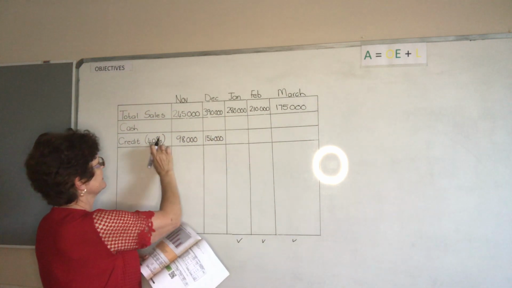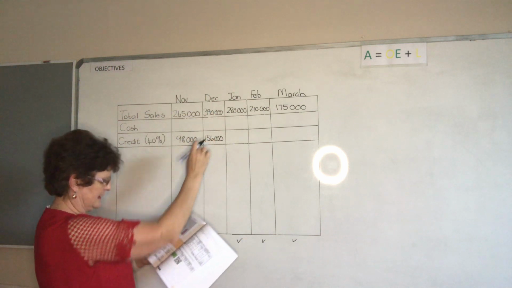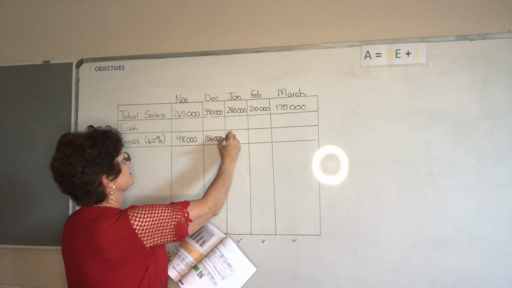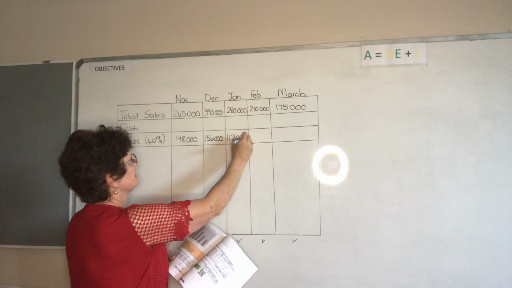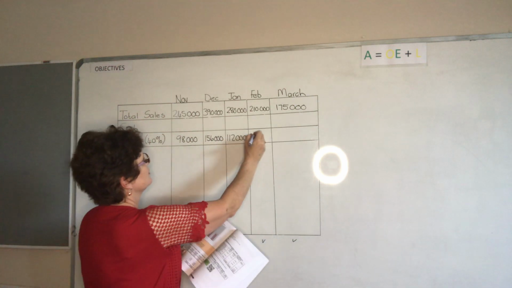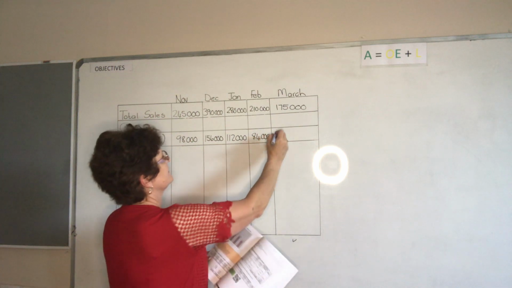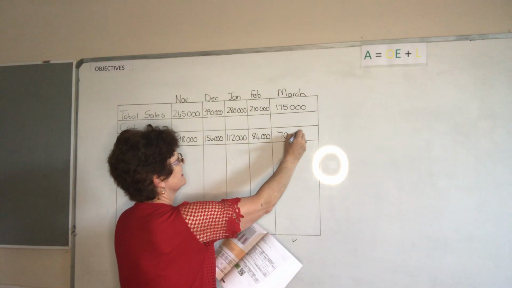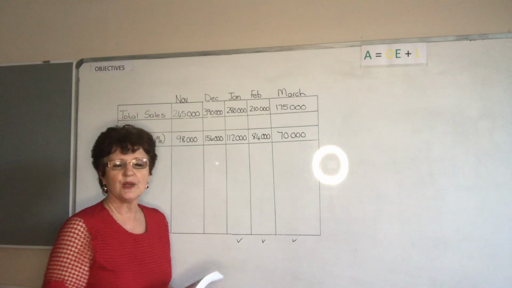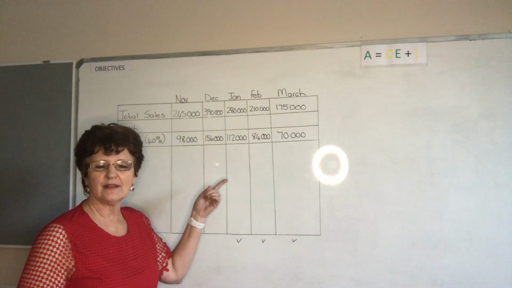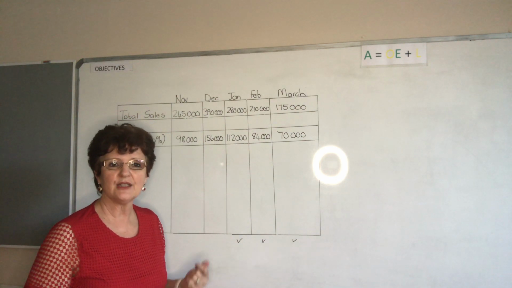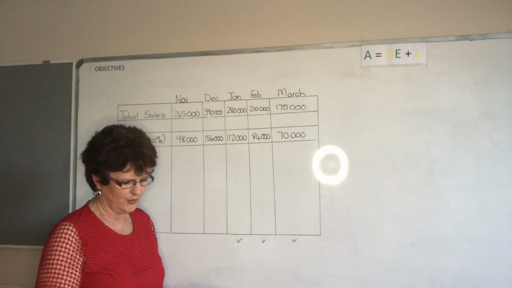That is now 40% of this total sale amount. And then 112,000, 84,000 and 70,000. That's our credit sales. We are not going to deal with the cash sales in the debtors collection schedule. We're only working with the credit sales.